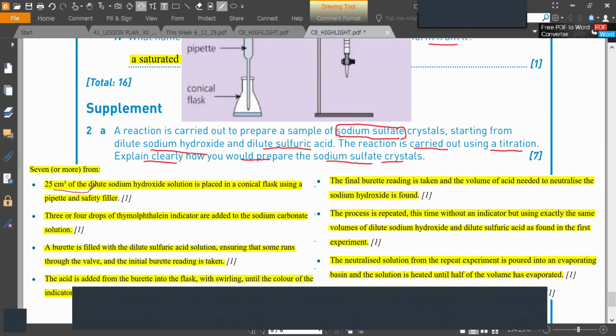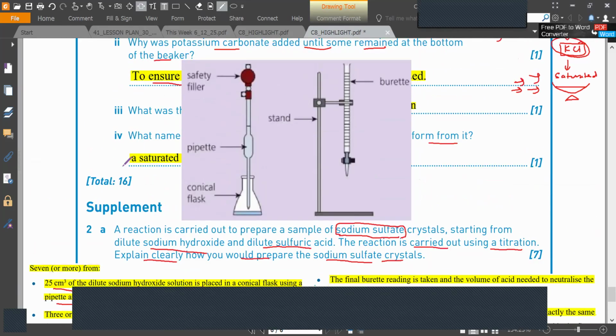25 cm cube of dilute sodium hydroxide solution is placed in a conical flask using a pipette and safety filler.